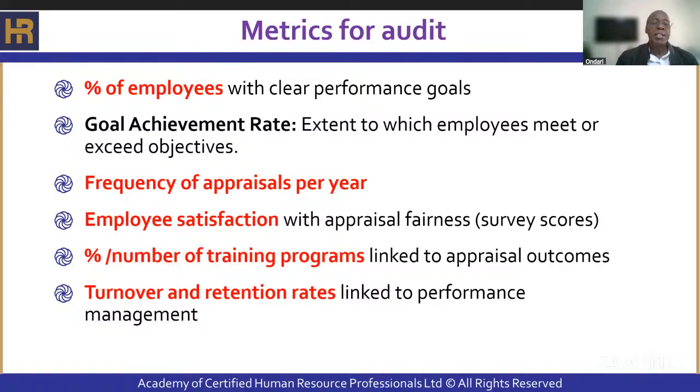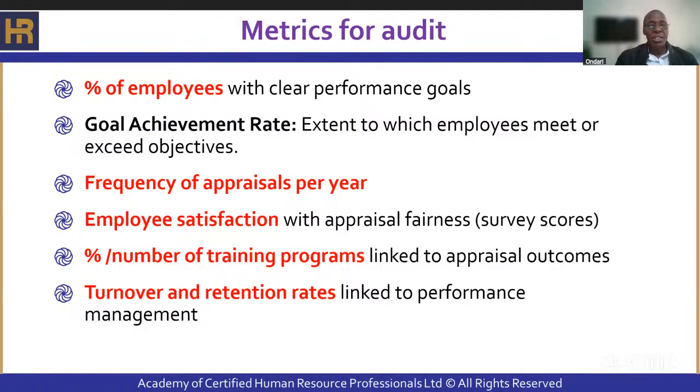Secondly is the rate of goal attainment. How many employees are achieving their goals within a given period? If it is quarterly, how many are achieving? If the rate is very low, then we are not doing well.